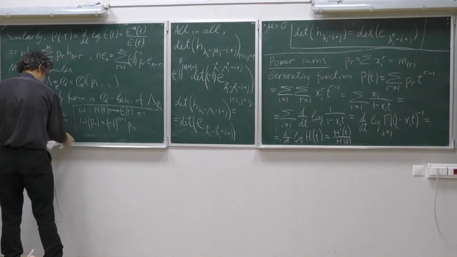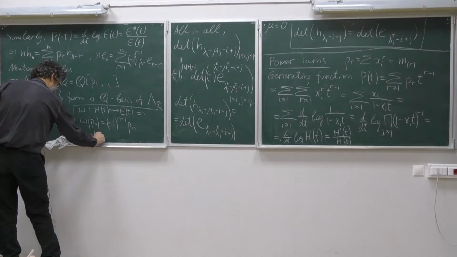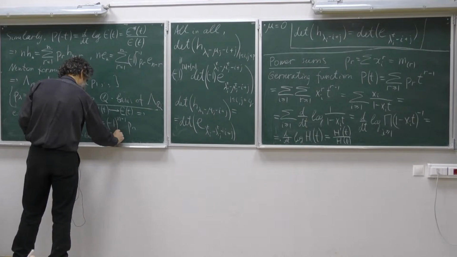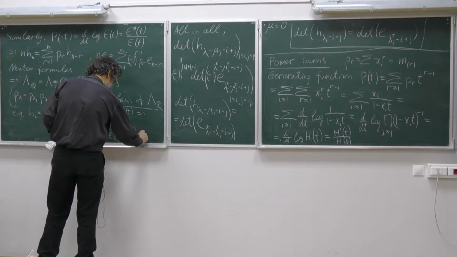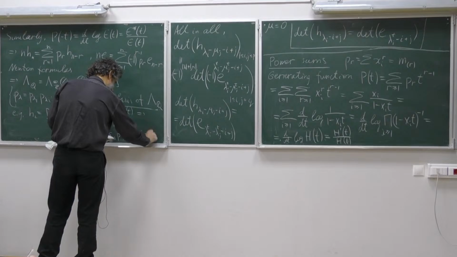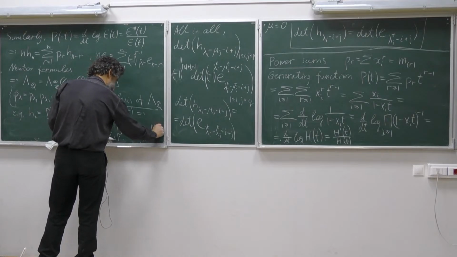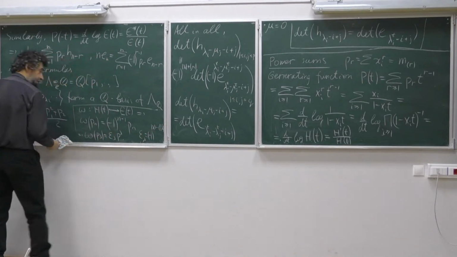Okay, and this means that omega of p_λ is epsilon_λ p_λ, where epsilon_λ is the sign (−1) to the power size of λ minus length of λ.